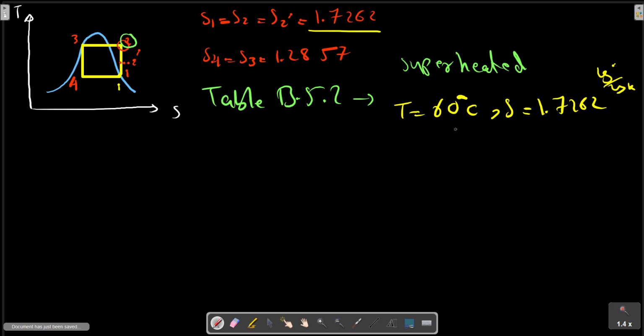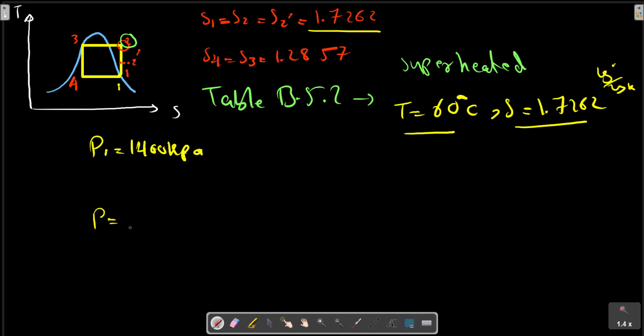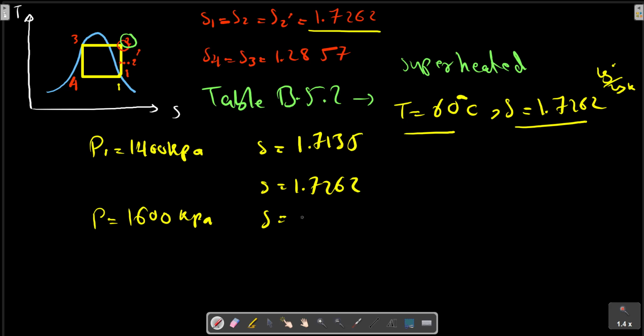From this table we can find that for S and T the pressure is between P1 and P2 kilopascal with S equals the given value.